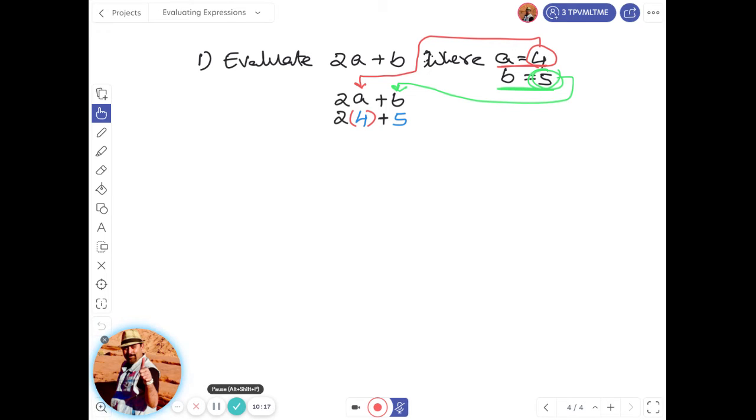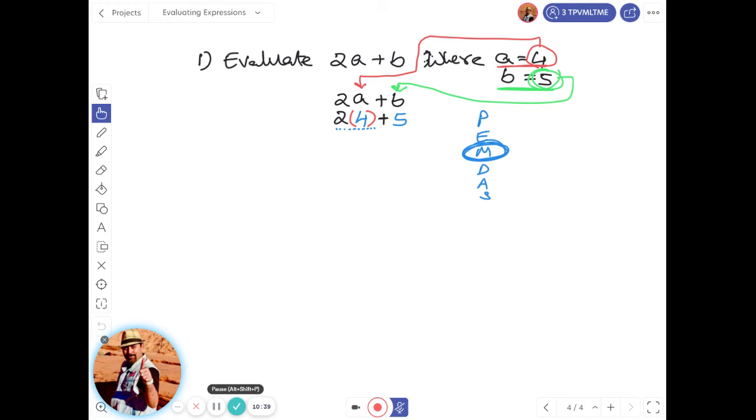Now let's talk about PEMDAS. In PEMDAS, in this procedure, first we go for multiplication. So 2 times 4. By PEMDAS, parenthesis, I don't see any values inside the parenthesis.